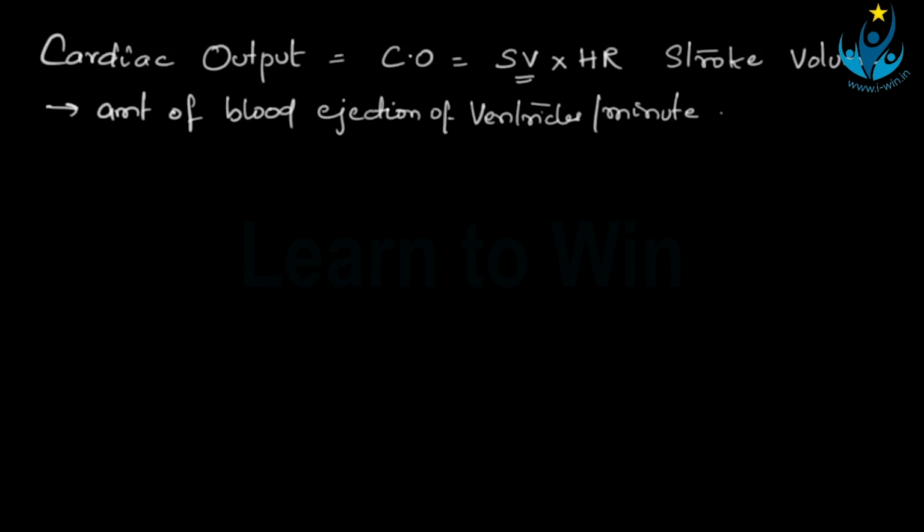On a rough approximation, one cardiac cycle lasts for 0.8 seconds, so the heart should beat 72 times a minute. Each beat is one cardiac cycle. So in those 72 cycles, how many ml of blood is coming out, that is what we are going to understand here.